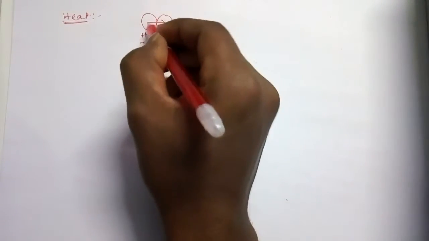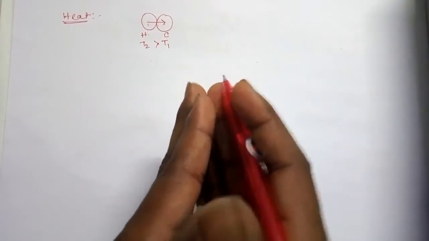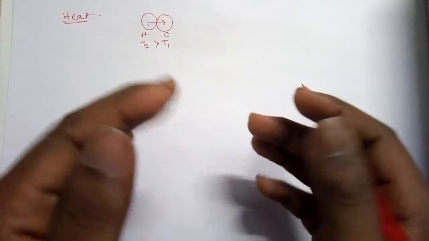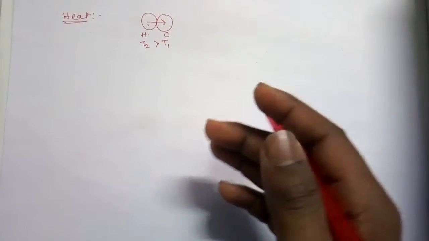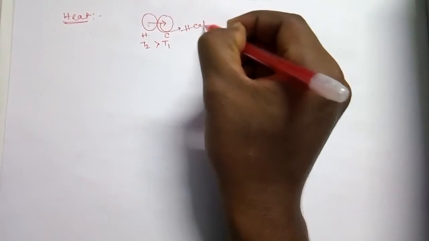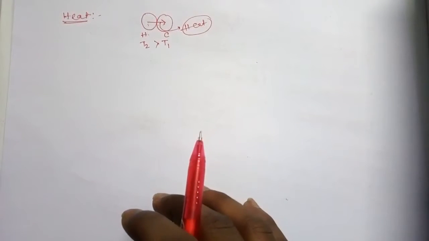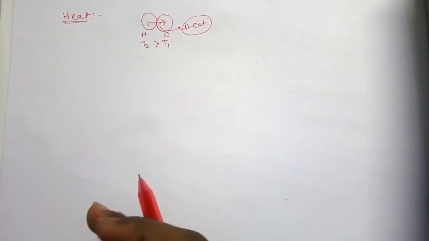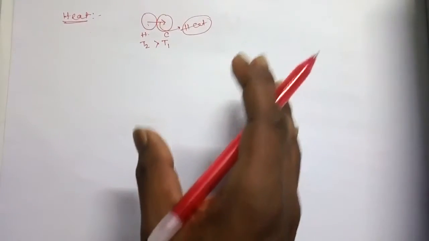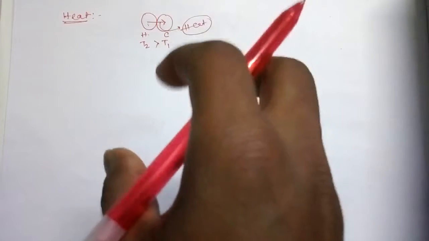So when these two systems are brought in contact with each other, then what happens? The energy from the higher temperature body will go to the lower temperature body. That kind of energy transfer is called heat transfer. That means heat is one kind of energy that transfers from hotter body to colder body when there is an inequality of temperature and they are in contact with each other.